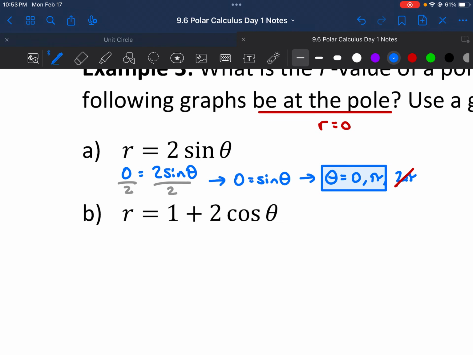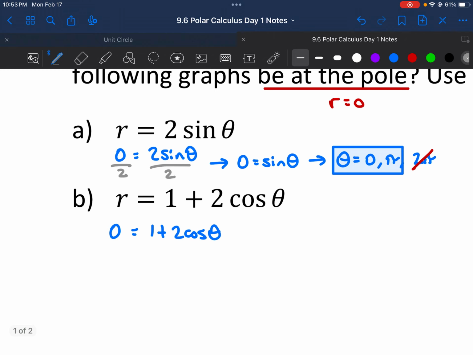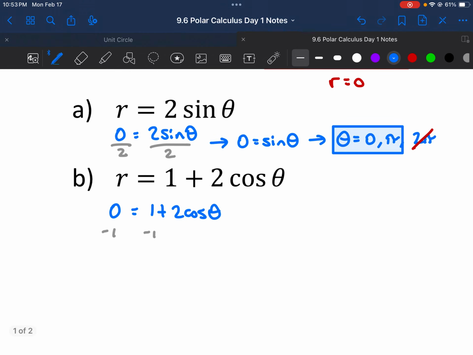All right, part B, same deal. We want to know, when will the graph be at the pole? Graph is at the pole when R is equal to 0. Let's go ahead and subtract 1 from both sides. Then we'll go ahead and divide both sides by 2.